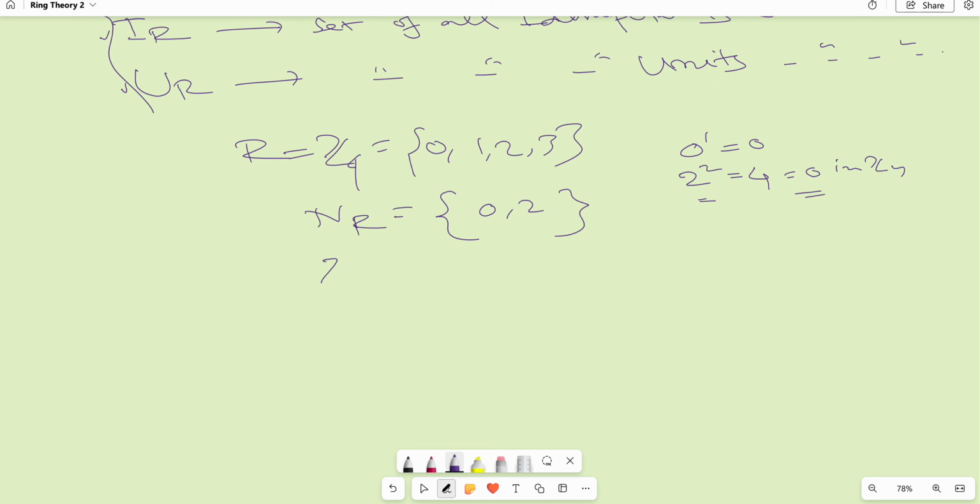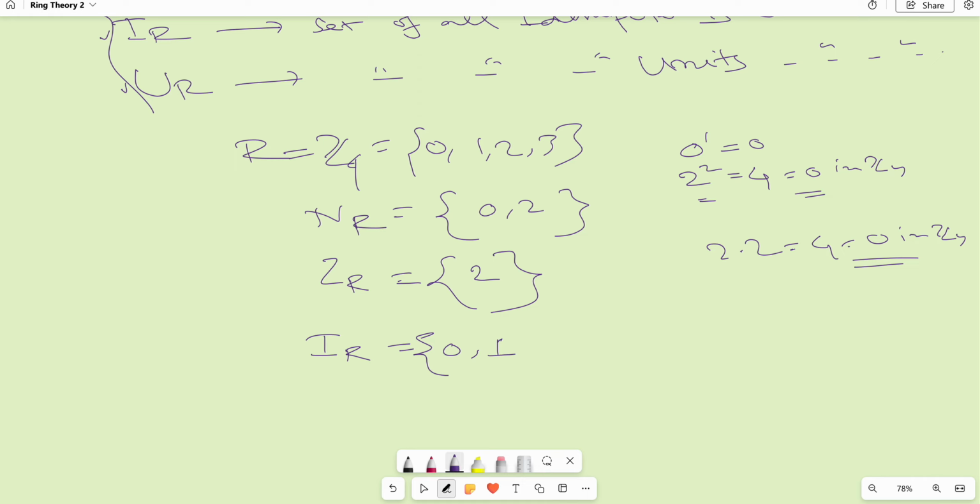And what is the zero divisor of R? A few minutes earlier I showed that only 2, right? Because 2 into 2 is 4, which is 0 in Z4. And idempotents: are there any idempotent elements in Z4? 0 is an idempotent, of course. 1 is an idempotent because 1 squared equals 1.